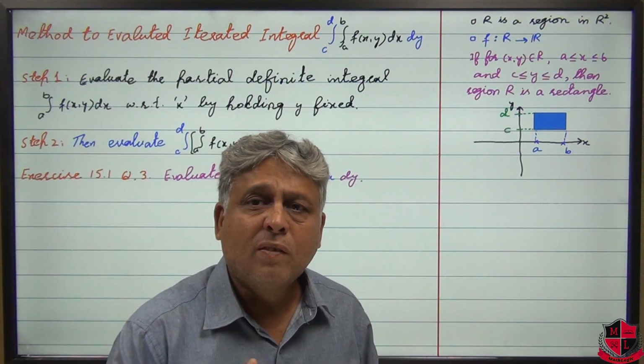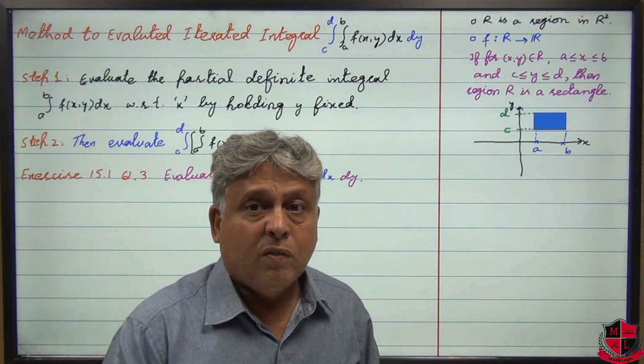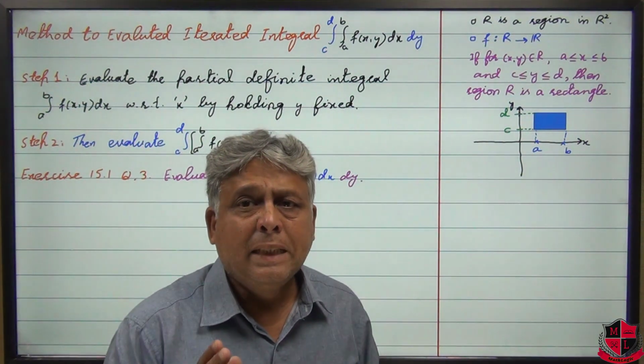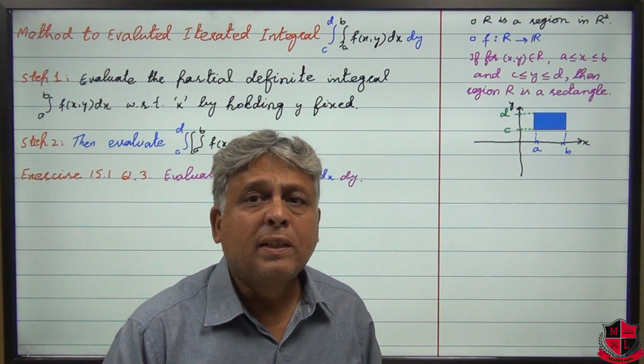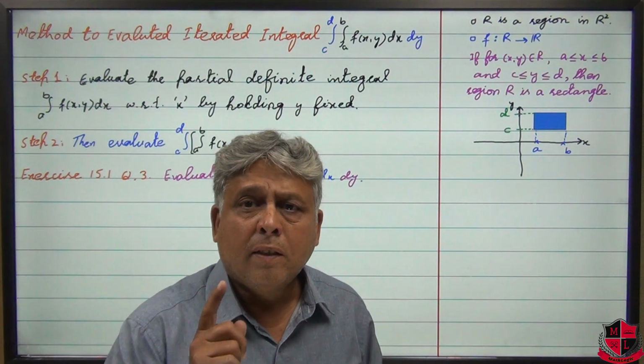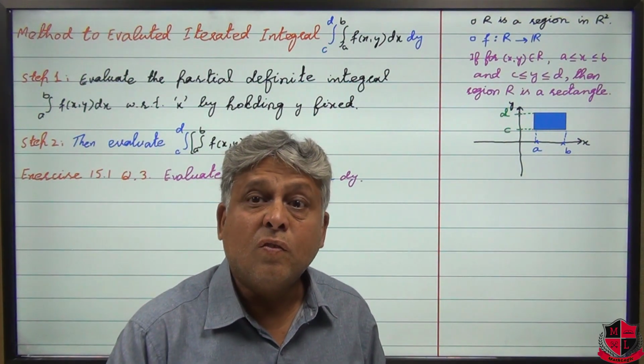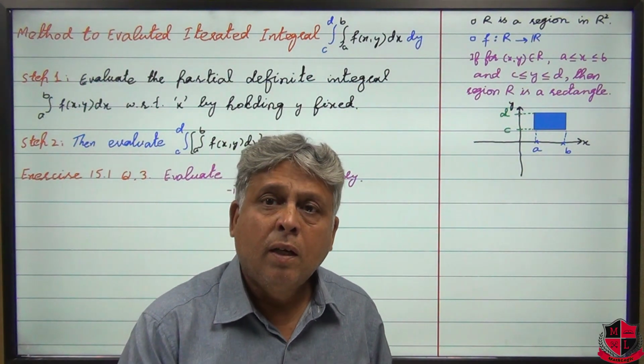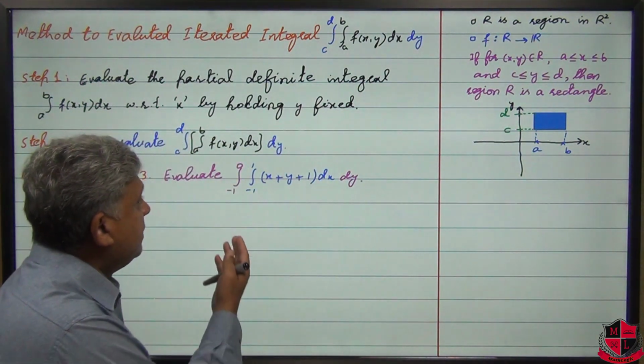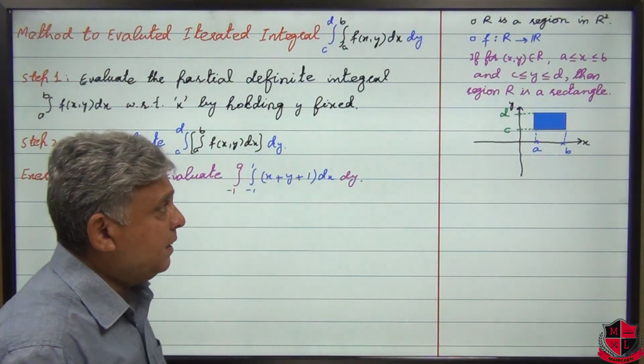Although the sketch of the region of integration is not required, in case of integrals, when the region of integration is a general region, the sketch of the region is very necessary. Therefore, I am also going to sketch this region of integration.